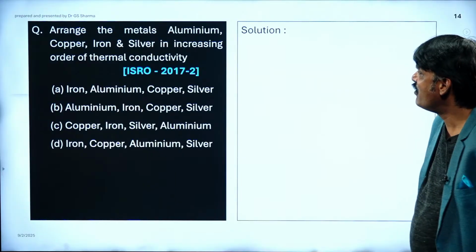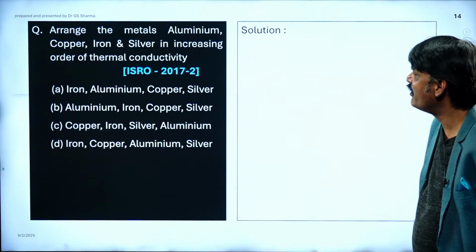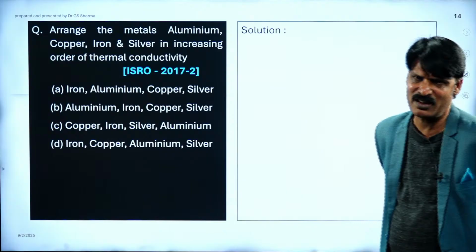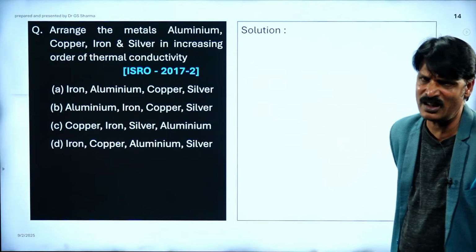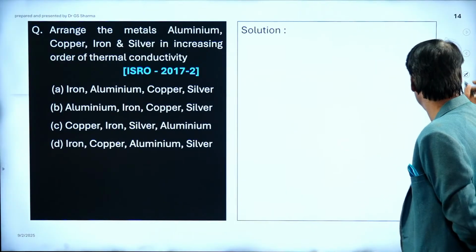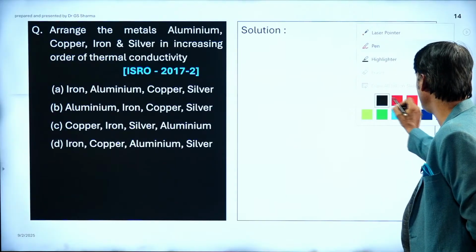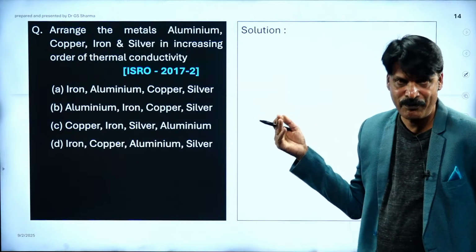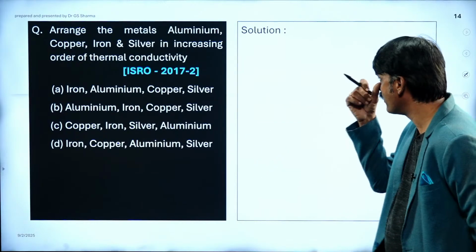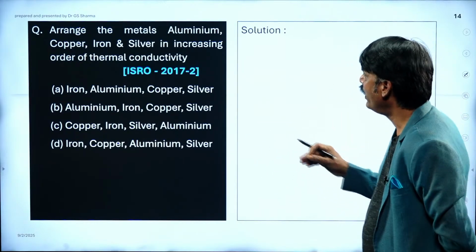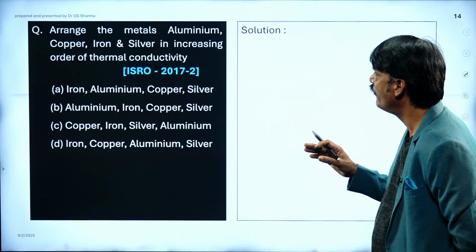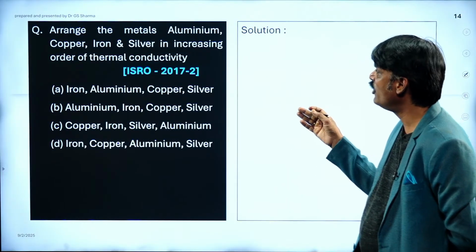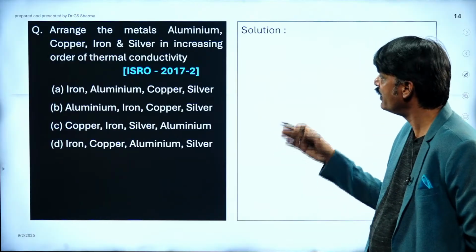Arrange the metals aluminum, copper, iron and silver in increasing order of thermal conductivity. Highest thermal conductivity is observed in silver, 439 watt per meter Kelvin. Suppose if I had been given diamond or graphene, they would come up, as they are non-metallic crystal structures. So here lowest corresponds to iron, then comes aluminum, then copper, then silver.